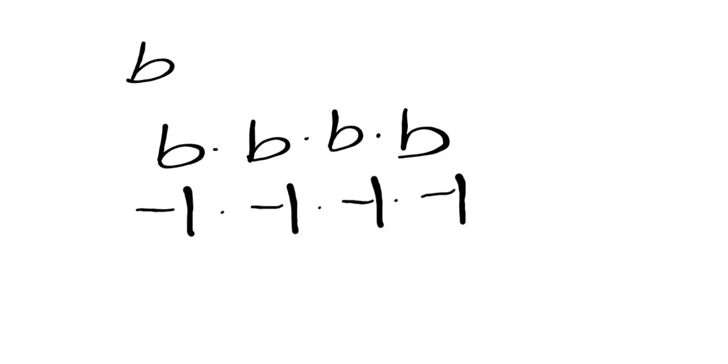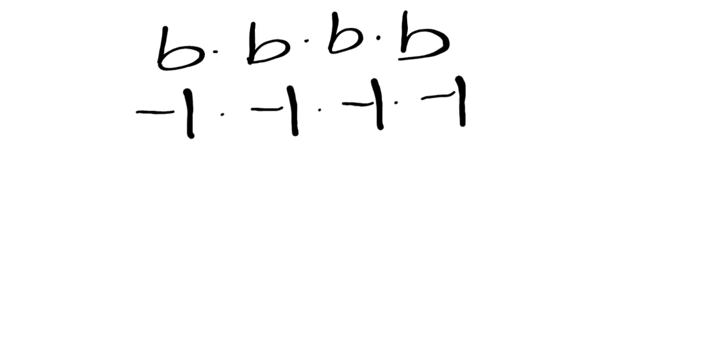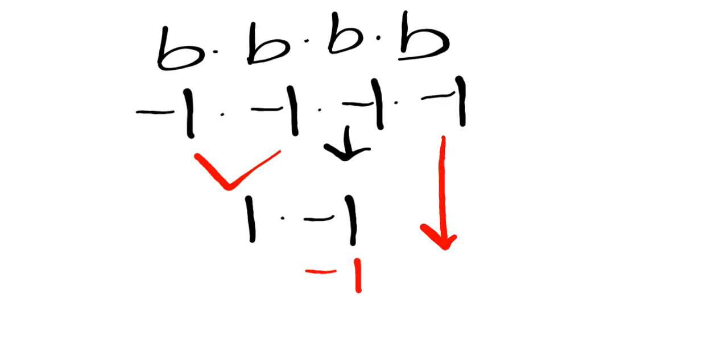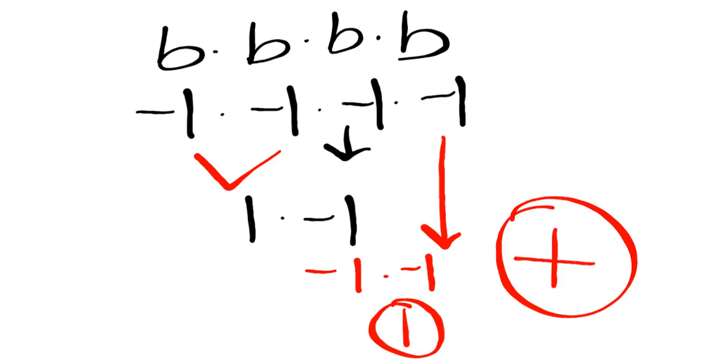So you can choose any negative number to substitute with. And remember, we do 2 at a time, so we have negative 1 times negative 1 gives us a positive 1. We bring this down, so now we have times negative 1. 1 times negative 1 is what? Is negative 1. So we bring this down, times negative 1. And negative 1 times negative 1 is positive 1. So we have a positive number.